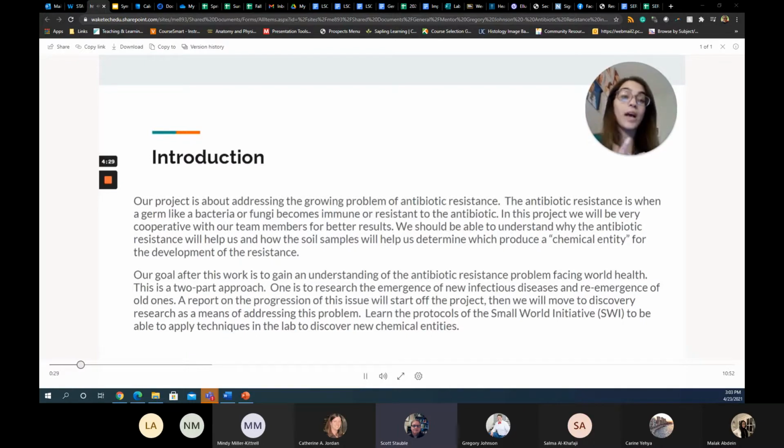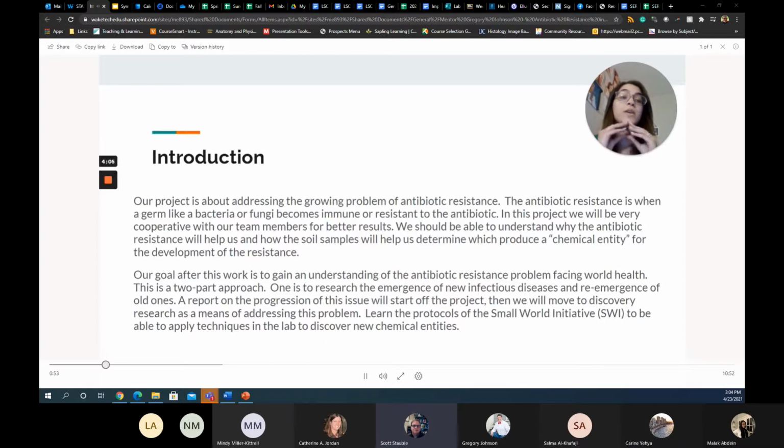We should be able after this project to understand why antibiotic resistance is a problem and how the soil samples will help us determine which produce a chemical entity for the development of their resistance. Our goal after this work is to gain an understanding of the antibiotic resistance problem facing world health.